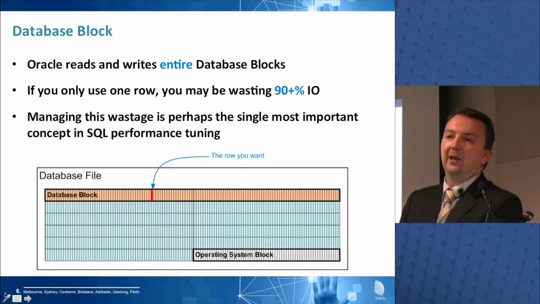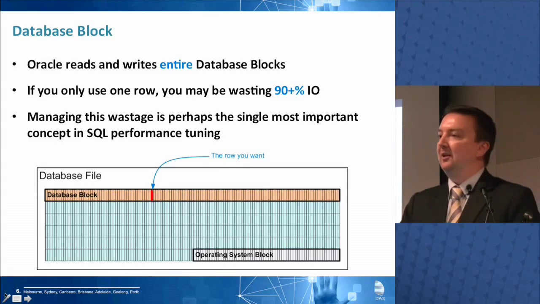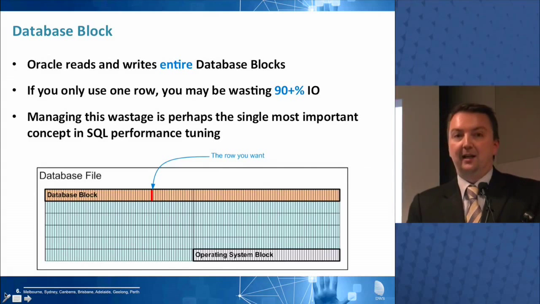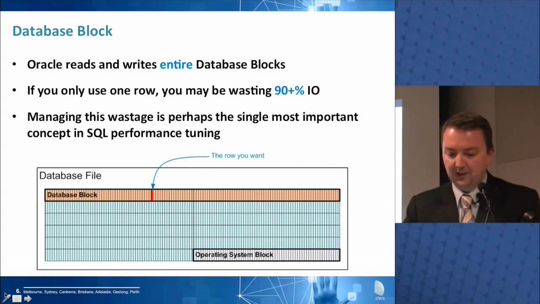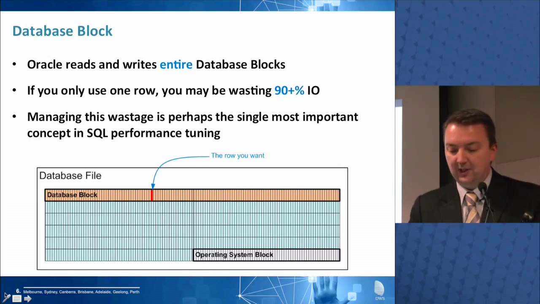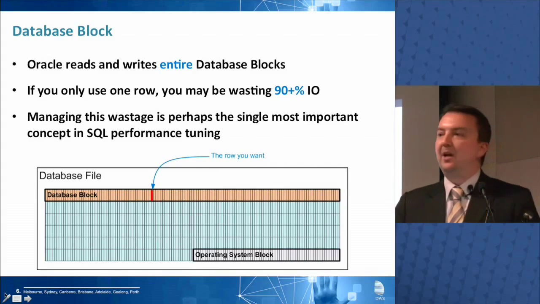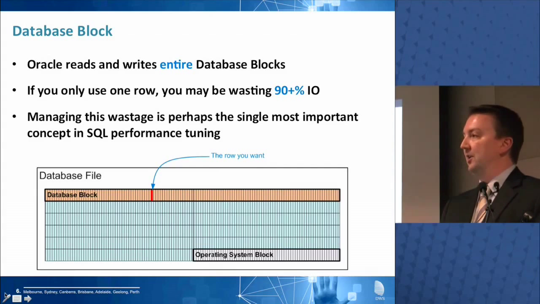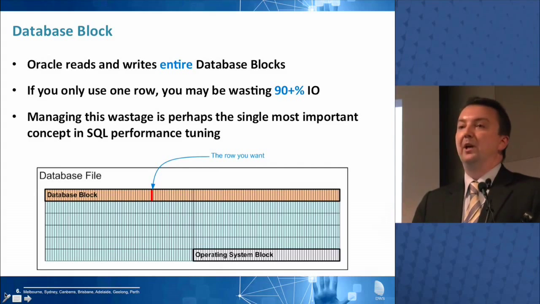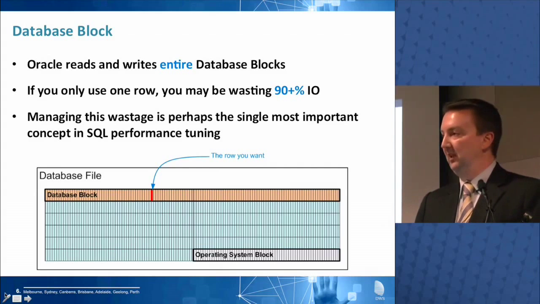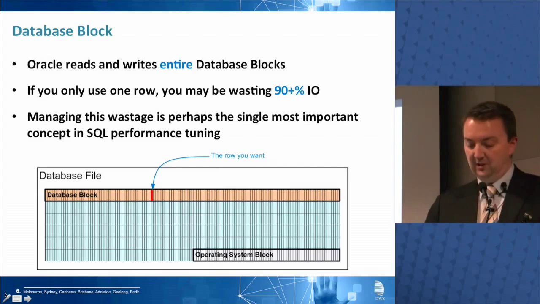But before I can do that, I need to backpedal a little bit. I need to explain to you what a database block is in Oracle. So let's have a look at this diagram here. The outer box there is a database file. No mystery there. A database file is just a file on the operating system where the database stores its data. It's a piece of disk.